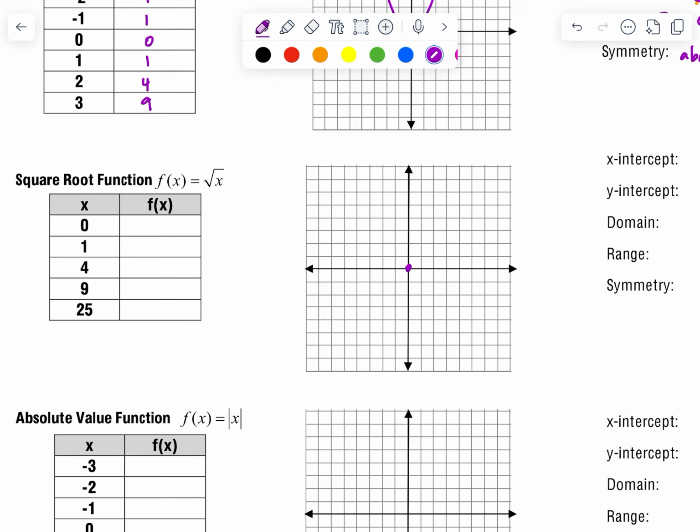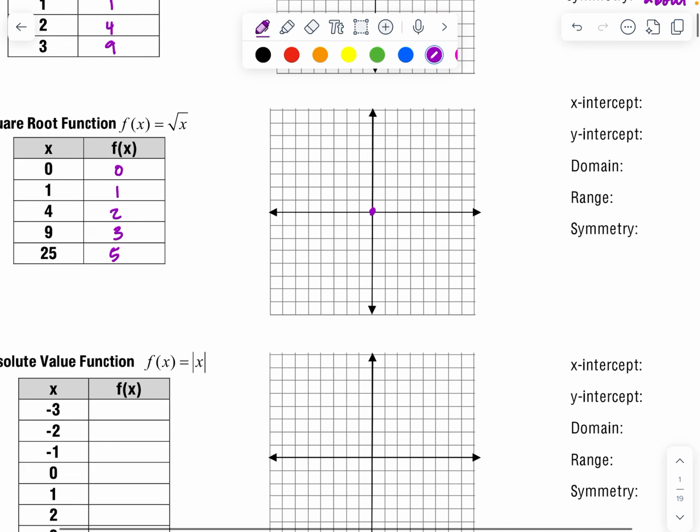And once again, if we wanted to, we could throw this into a graphing calculator, but we could just do these by hand. Square root of 1 is 1. Square root of 4 is 2. Square root of 9 is 3. Square root of 25, notice that we skip 16, is 5.